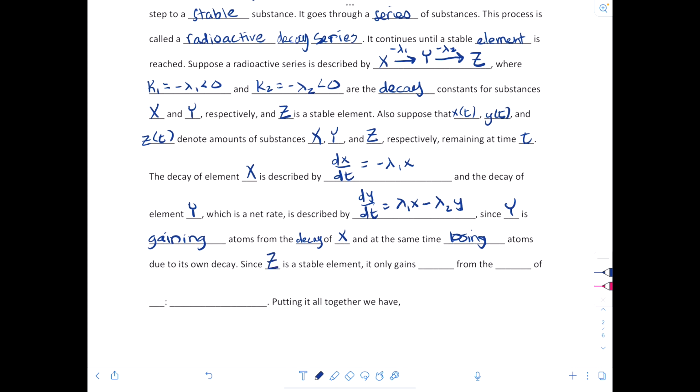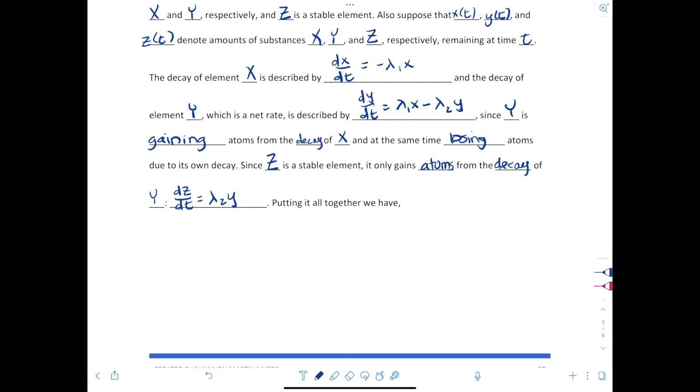Since Z is a stable element, it only gains atoms from the decay of Y. And so dz/dt is going to equal lambda 2 times y.